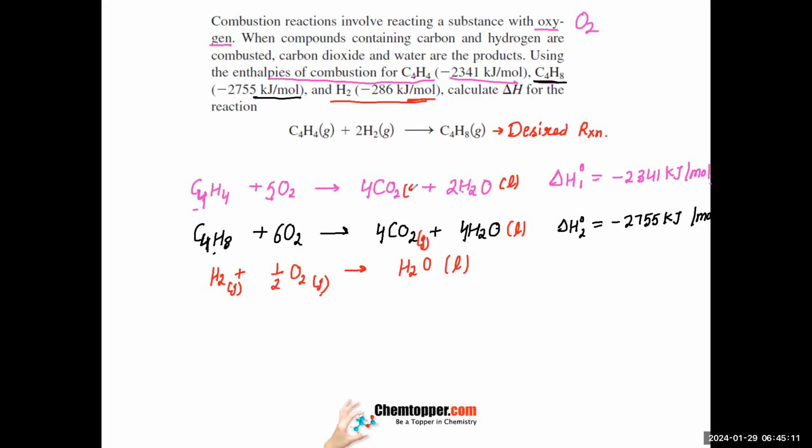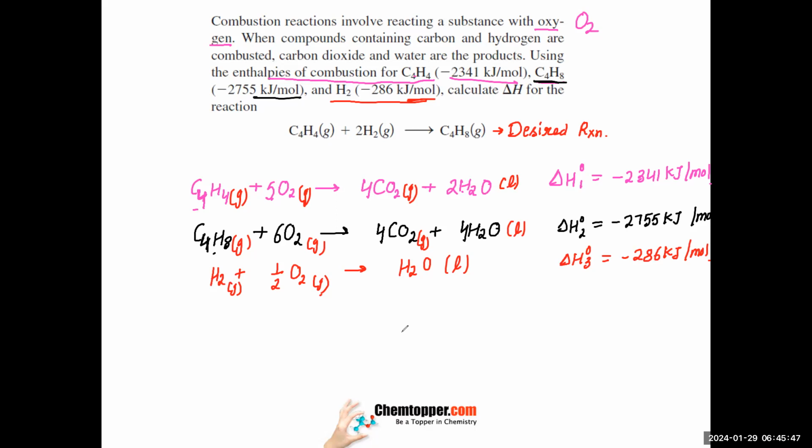Thermochemical equation means you have to show the states of matter. And what is delta H naught 3? It is minus 286 kilojoules per mole for hydrogen, right?